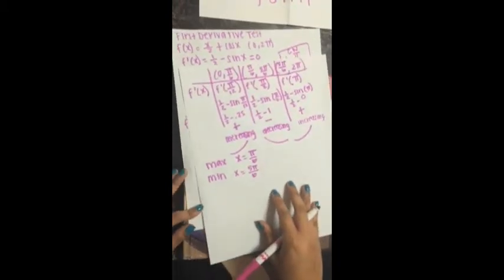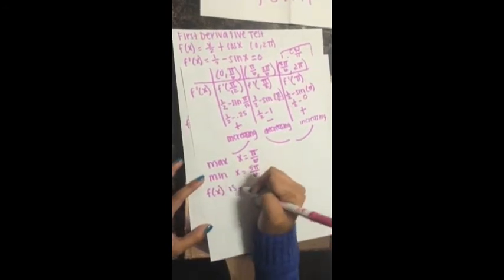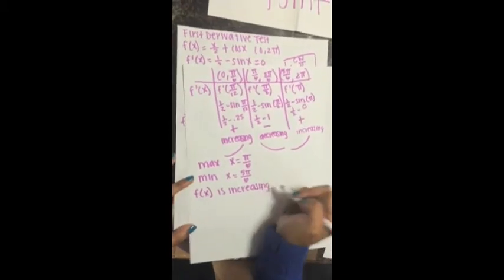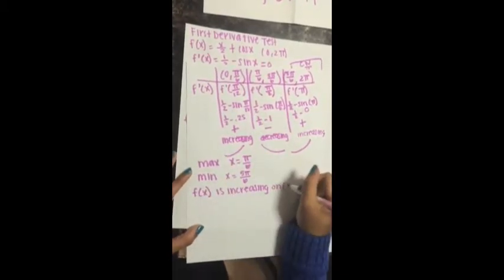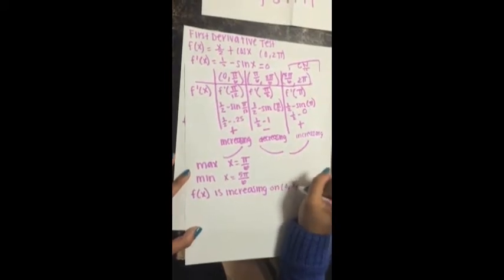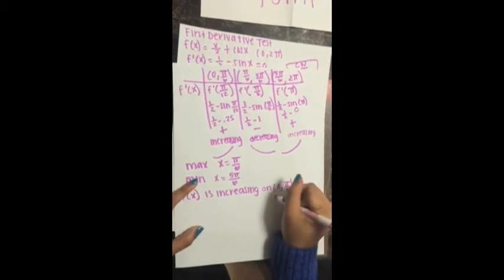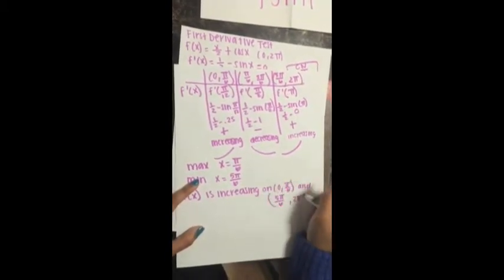So now we have to write that f of x is increasing on the interval 0 to pi over 6 and 5 pi over 6 to 2 pi.